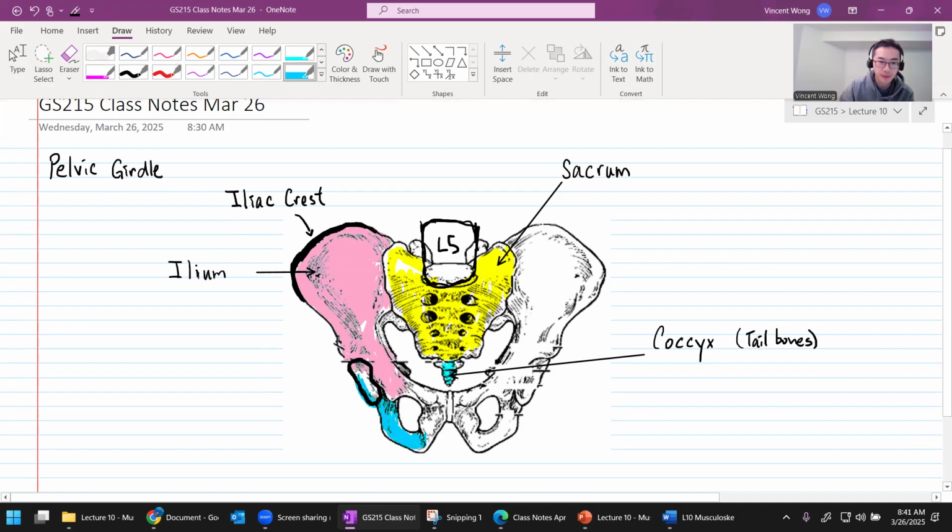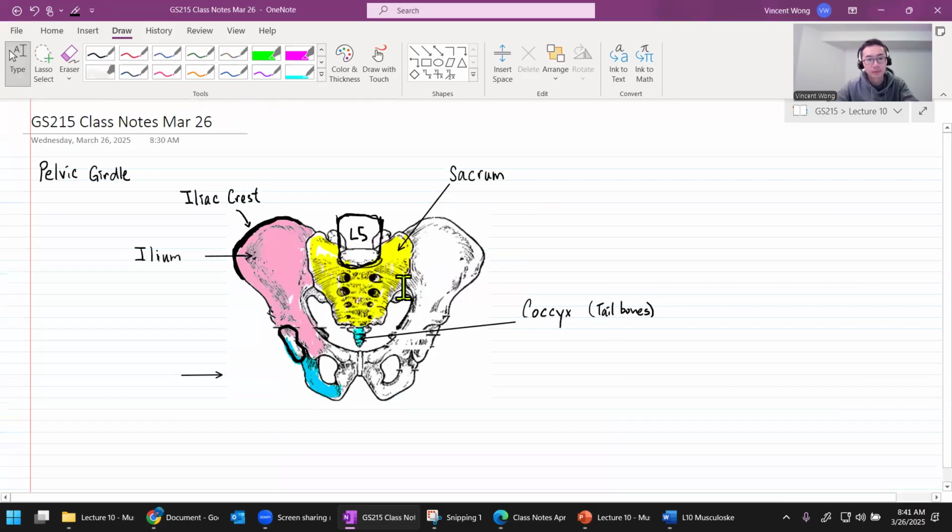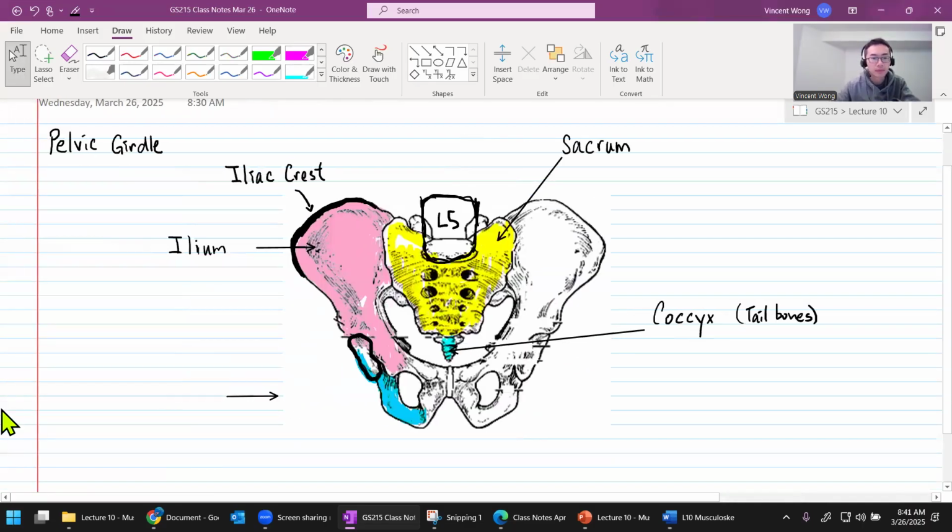It's hard to define exactly where it ends, but roughly 1/3, 1/3, and 1/3 for each bone. This is called the ischium. That's how you pronounce it, ischium.